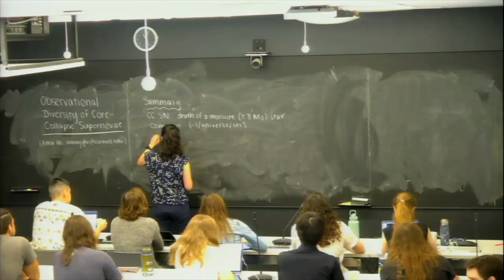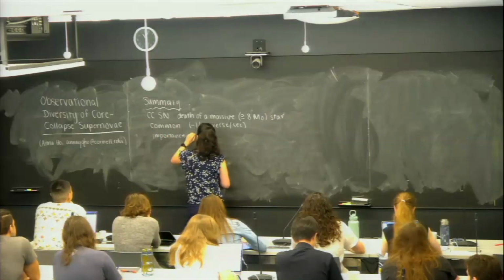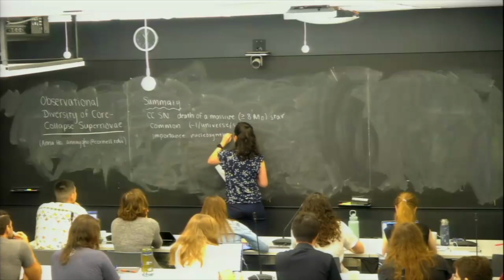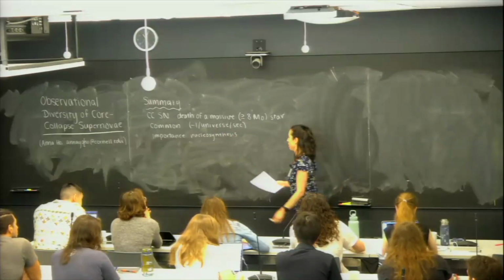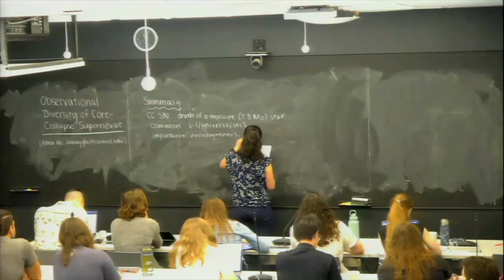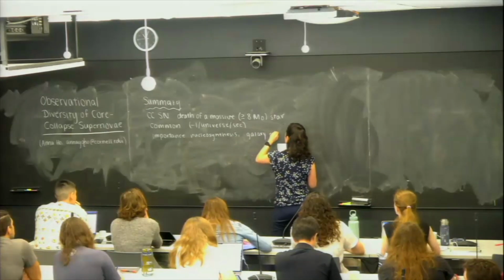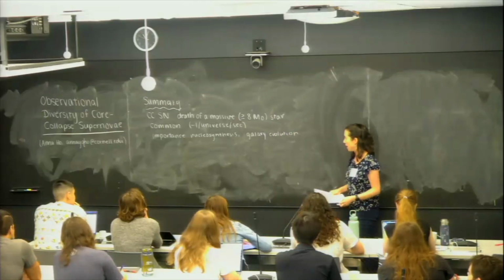Why do we study these events? They are the origin of many of the elements, including the ones important for us: carbon, nitrogen, oxygen. They are the dominant source of momentum and energy to galaxies.